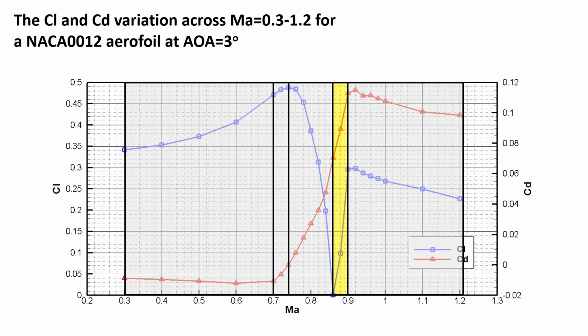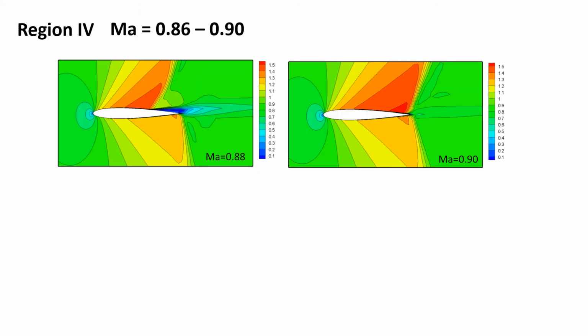So the next region, region 4, is again a narrow region, but in this region, CL and CD both increase in magnitude. Let's see from 0.86 to 0.90. By increasing the Mach number, we can find the lower surface flow field nearly stays the same, but the upper surface shock wave will move downstream.